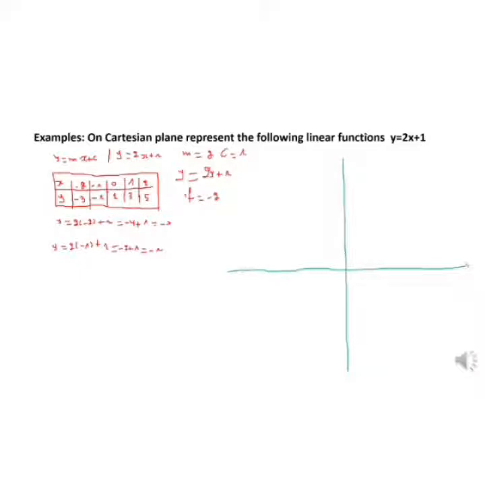So this is the x-axis, and this one is the y-axis.